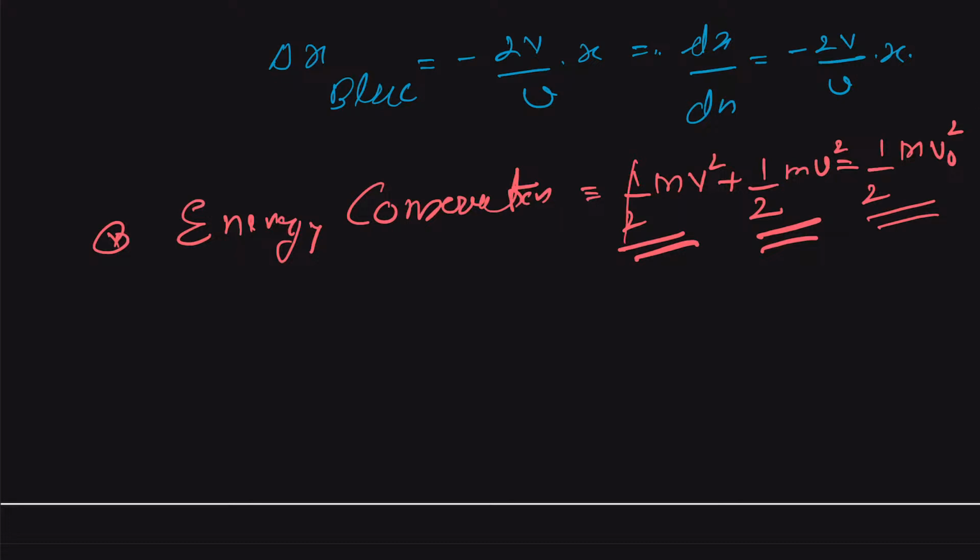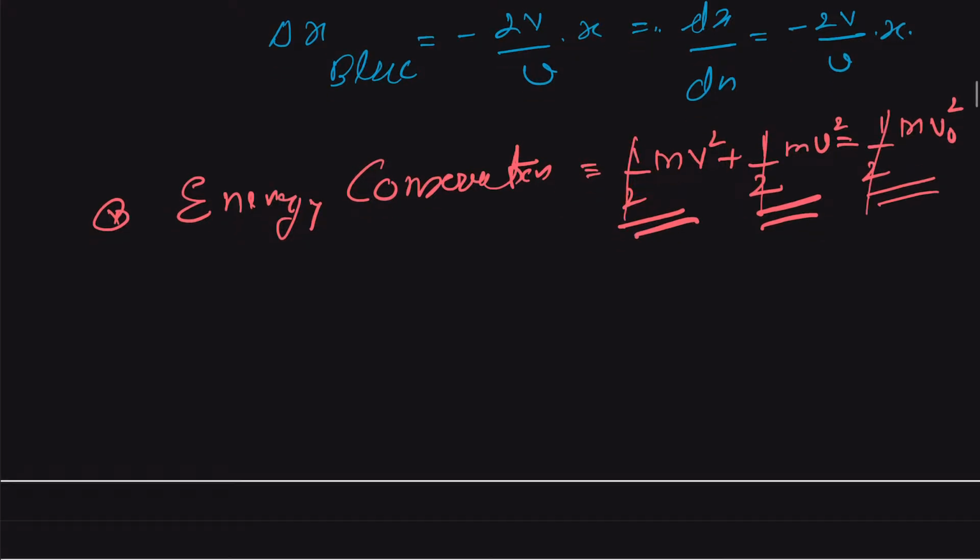From here we cancel out the half throughout, and we get that the velocity of the ball, small v, will be equal to the square root of M upon m times V naught square minus V square.